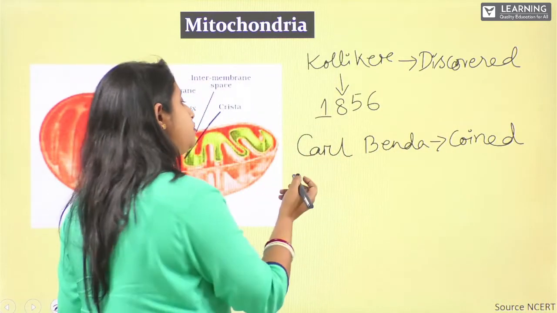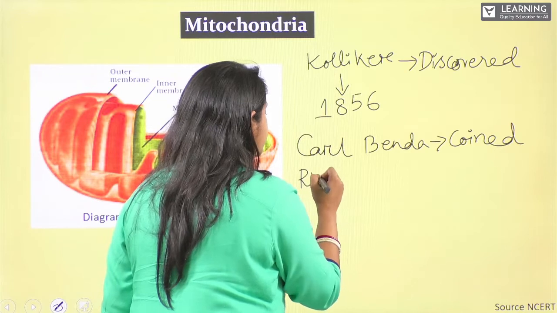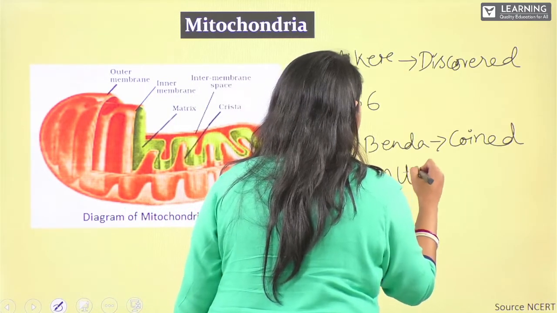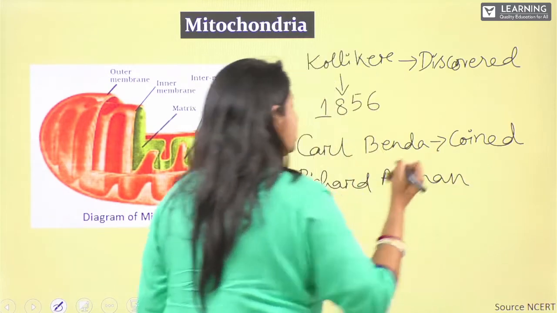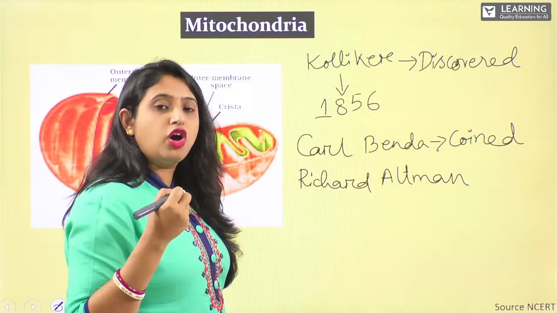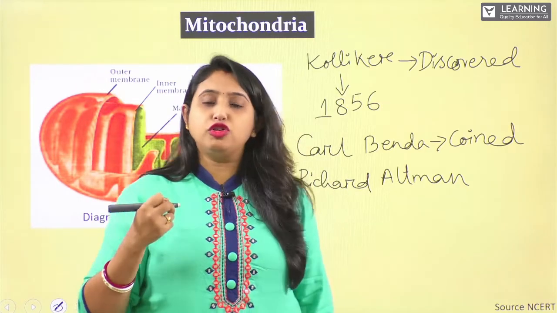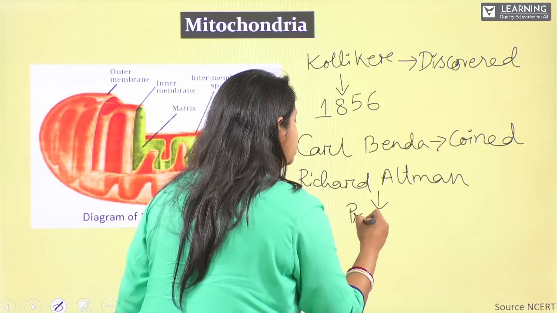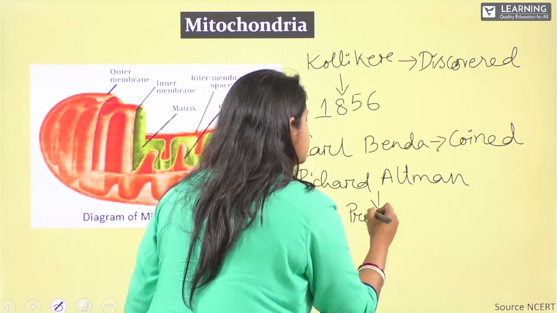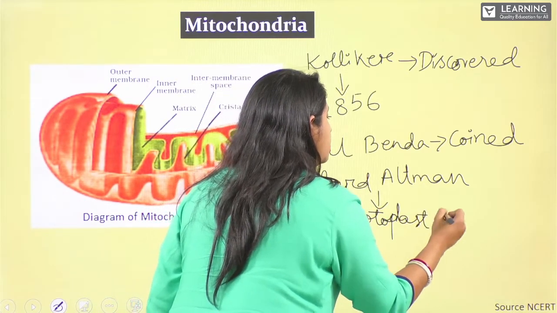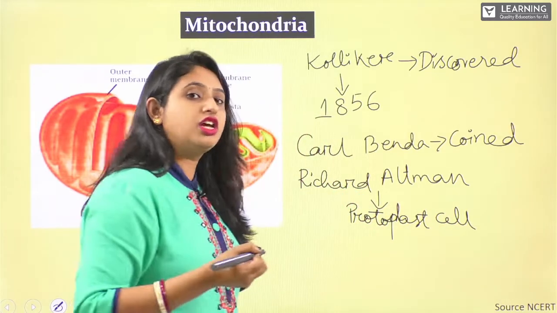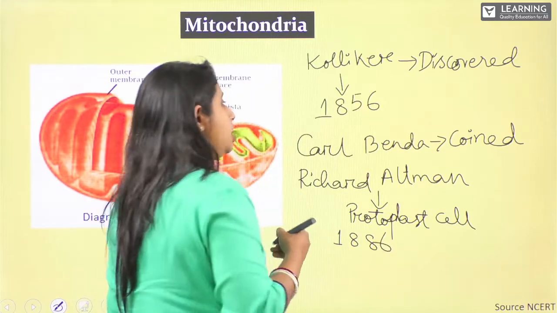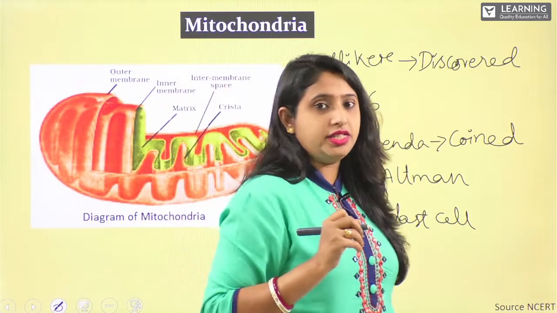So who saw mitochondria for the first time? Richard Altmann, while examining the protoplast cell, in the year 1886.